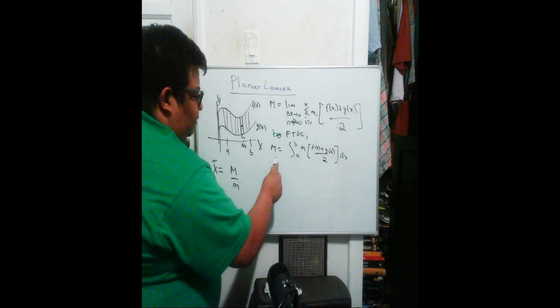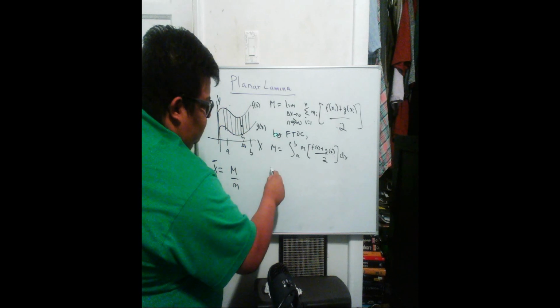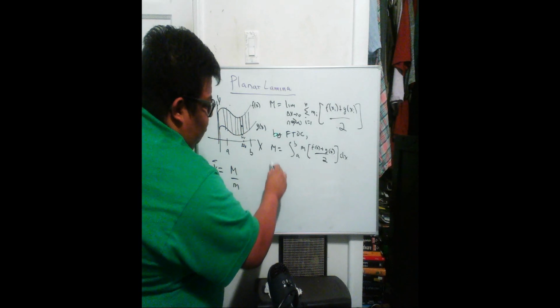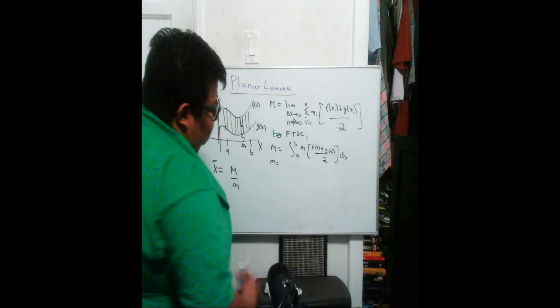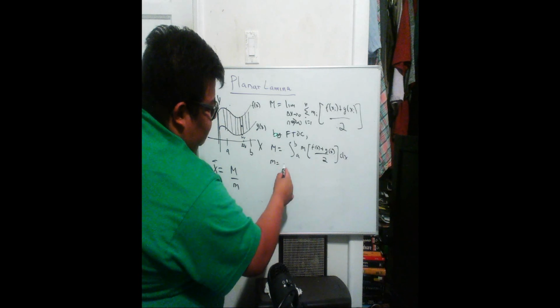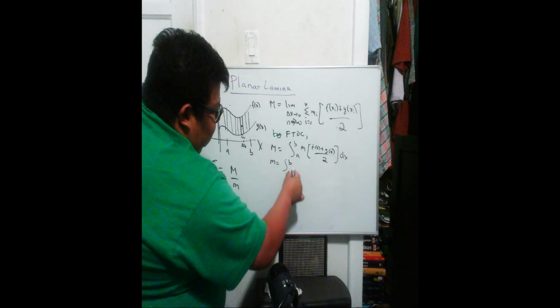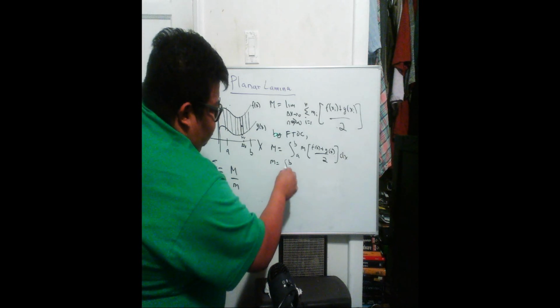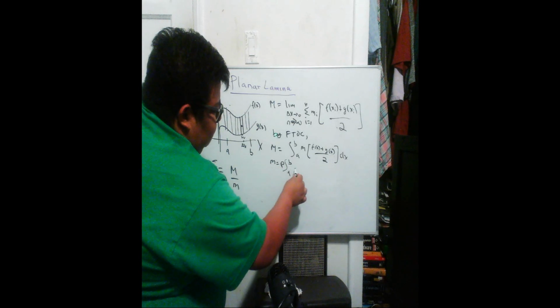Okay, and now the final step is, remember, let me write it down. The mass is equal to, of course, we can do a similar procedure, and then we can say that the mass is equal to the integral from a to b of rho. We pull out the rho, which is density, times the area.